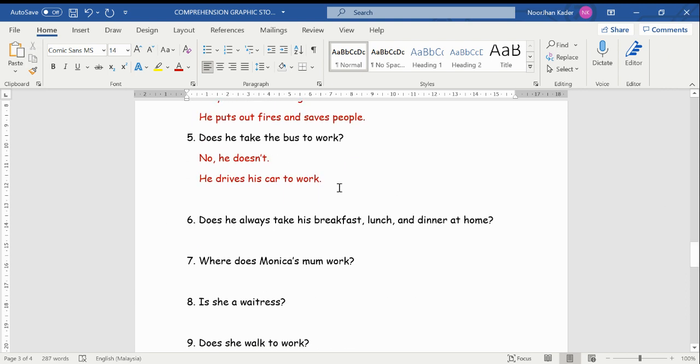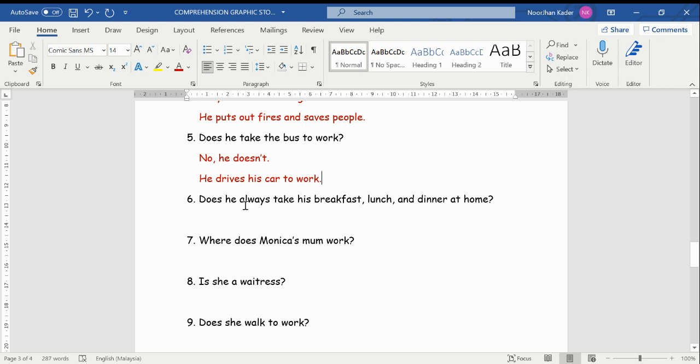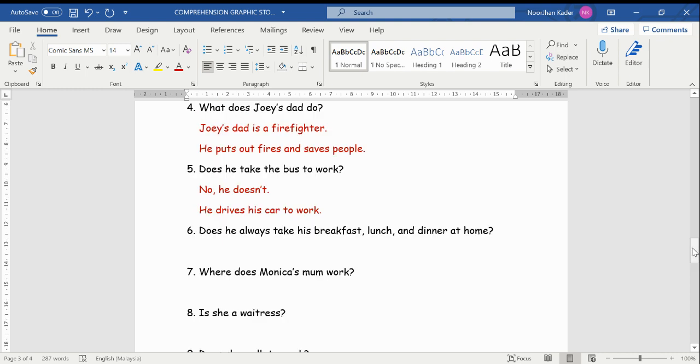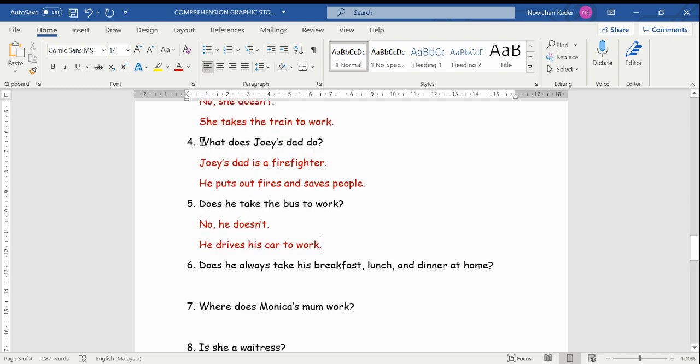Number 6, we are still in frame 2. Does he? This he means who? He means Joey's dad. So he is the pronoun for Joey's dad. We don't have to keep repeating Joey's dad, because the first question for the second frame is already Joey's dad.